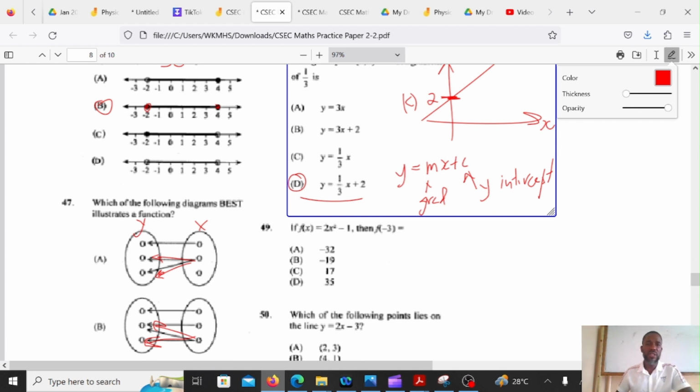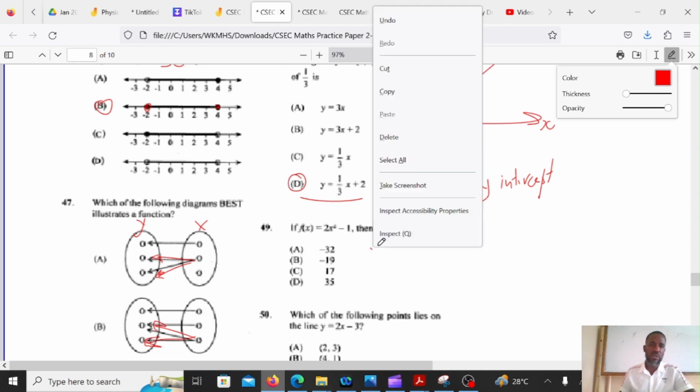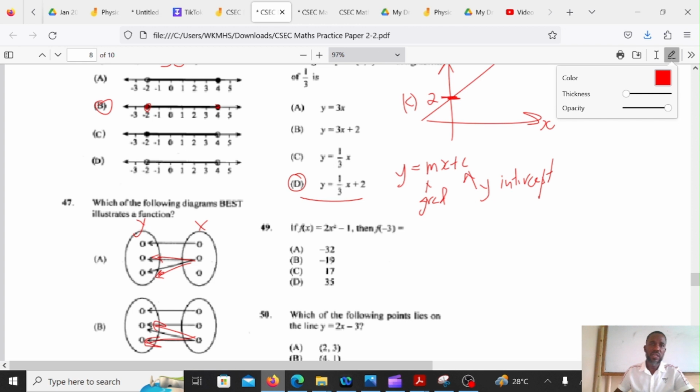In question 49, it says f(x) = 2x² − 1, then f(−3) is. What we are going to do here is substitute −3 for x in the function.